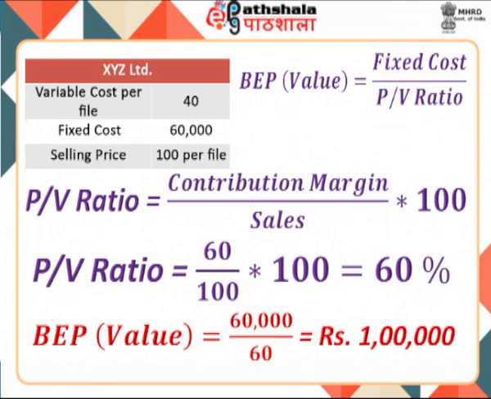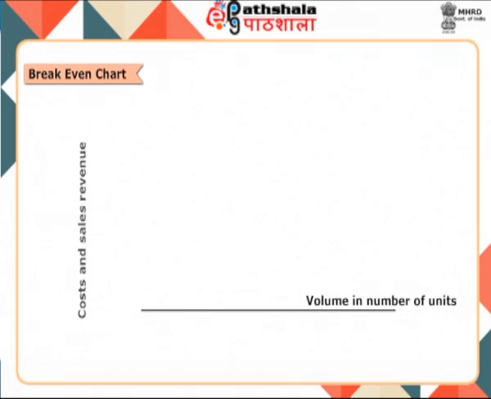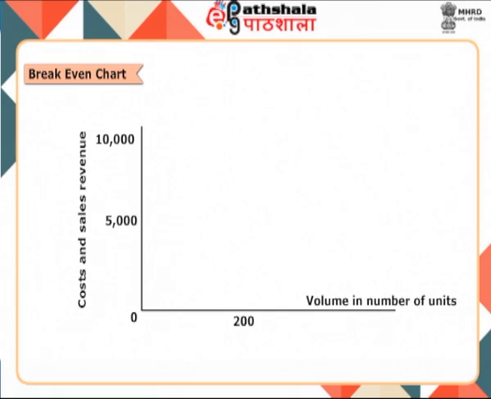Let us move ahead to understand the break-even graph. The break-even chart or graph may be drawn by considering and taking the following steps. Volume in number of units is taken as the horizontal axis and the costs and sales revenues are taken on the vertical axis.